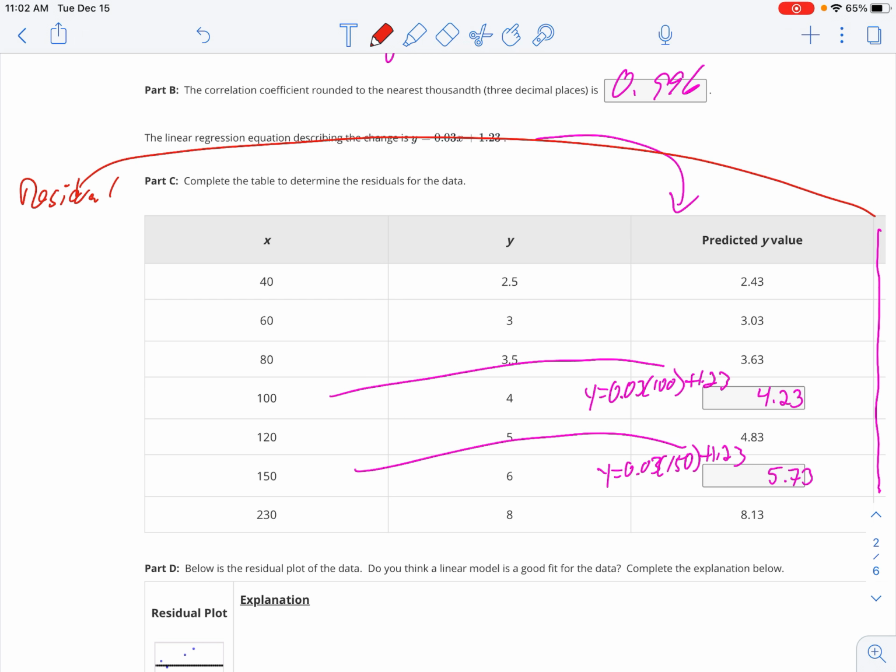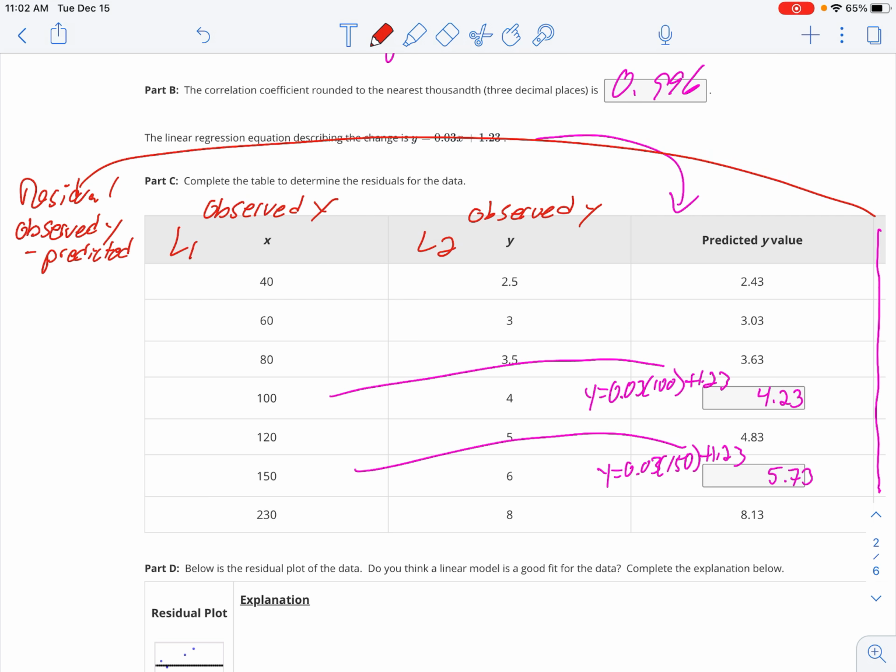On your Edulastic account, you can see it a lot better. To calculate the residuals, it's always the observed y minus the predicted. What do I mean by observed y? That is your L2. Your L1 is what we call our observed x. And there is my predicted.